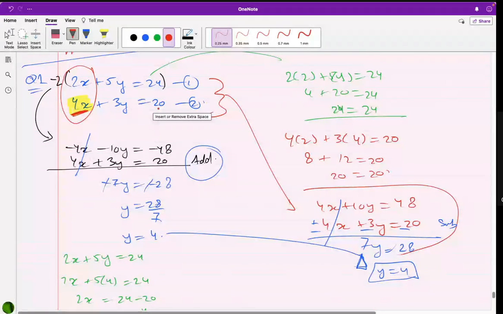Now I had to get rid of either y or x. Just by observation, I can see that if I multiply the first equation with 2, I can get same coefficients of x. So we chose that. And if we multiply with minus 2, they will be same in number but opposite in sign. So multiplying with minus 2, we got minus 4x minus 10y equals minus 48.